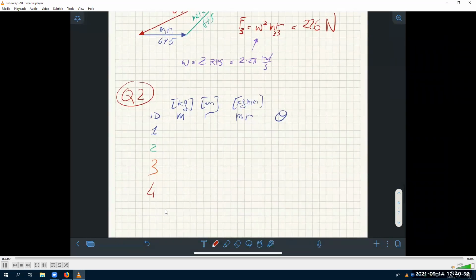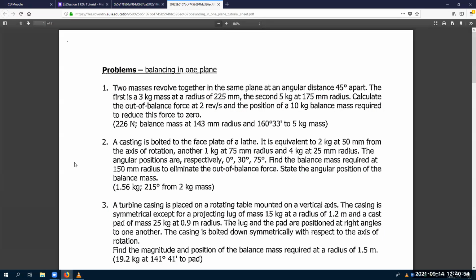Now, while I compile this table, you can look at this. So mass 1 is 2 kilograms at 50 millimeters radius, and it's at 0 degrees. Mass 2 is 1 kilogram at 75 millimeters radius, and it's at 30 degrees.